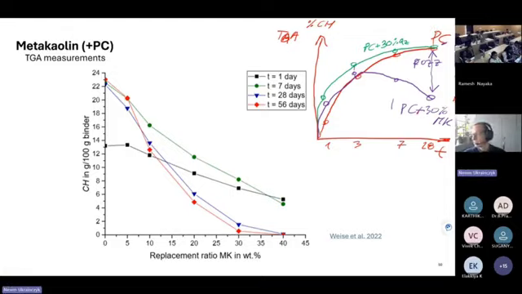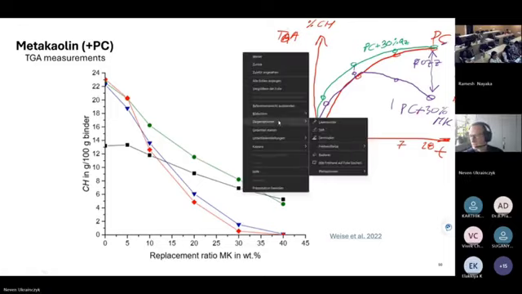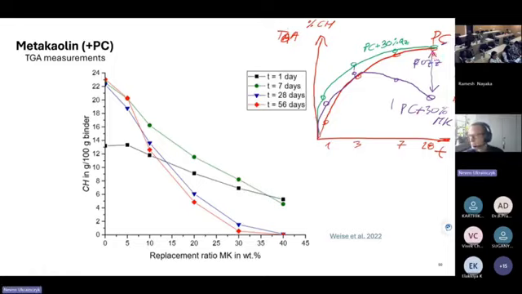Here maybe not so many. Later the difference is not so important. But at the beginning, the difference between the filler effect reference and just Portland cement without the filler effect can be a big difference.